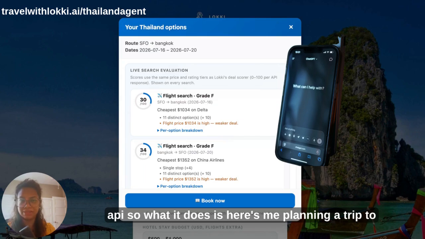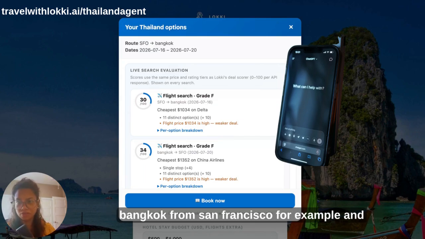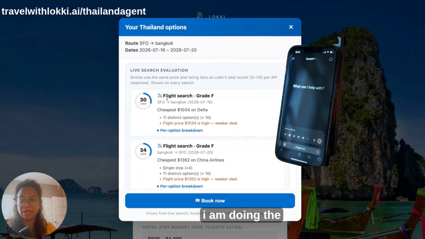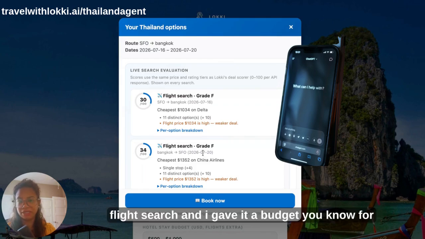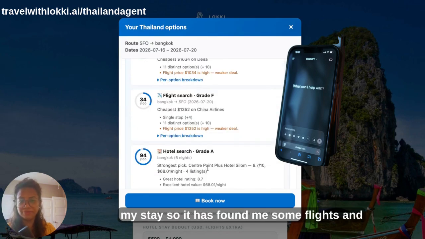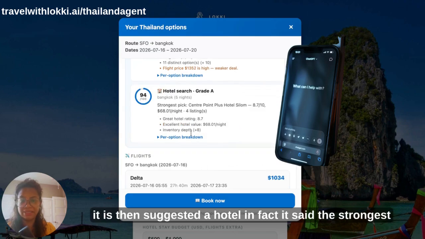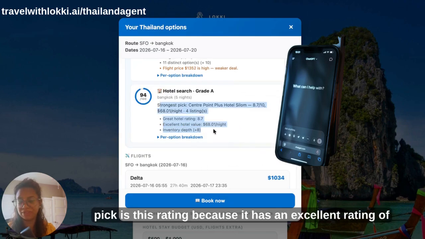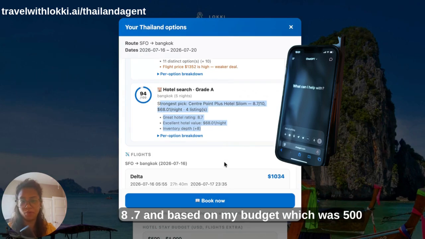So what it does is, here's me planning a trip to Bangkok from San Francisco, for example, and I am doing the flight search and I gave it a budget for my stay. So it has found me some flights and it then suggested a hotel. In fact, it said the strongest pick is this one because it has an excellent rating of 8.7.